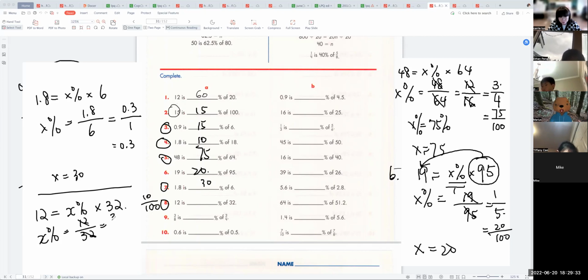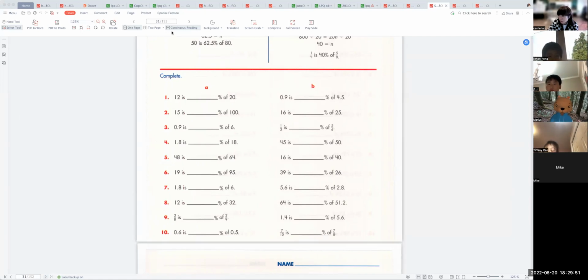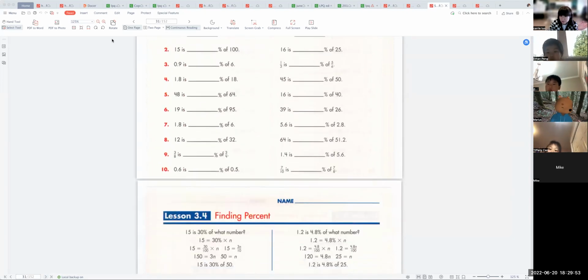Divided by 4, 3 over 8. Right? Isn't that 0.375? We memorized that. So x equals what? 37.5. 0.375. Understand, everybody? So when we do those questions, I want you to do it step by step, okay? So it has to be like that.